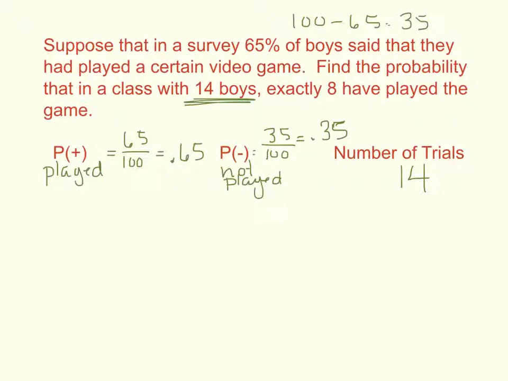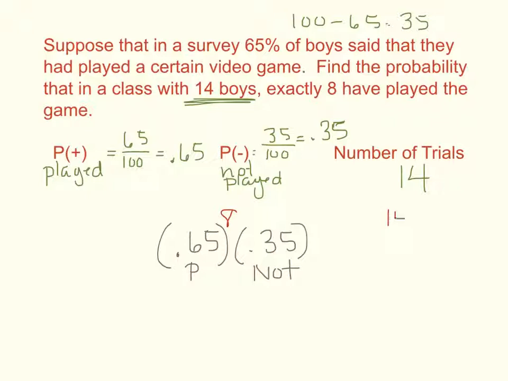So now we need our 3-part question. We have our two groups probability, played and not played. We're looking for 8 people having played the game, so we want to put an exponent of 8 on the probability for playing the game.